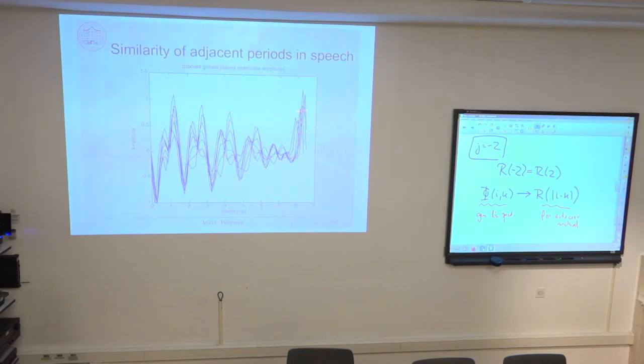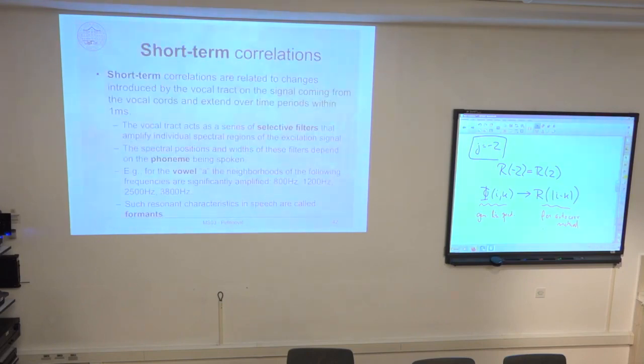You see that the period is definitely changing with time, because they are not exactly overlapping, but they are stretched a bit. One is maybe longer, the other is shorter, but nevertheless they behave similarly for all of the neighboring glottal pulses. Okay, that we have explained.